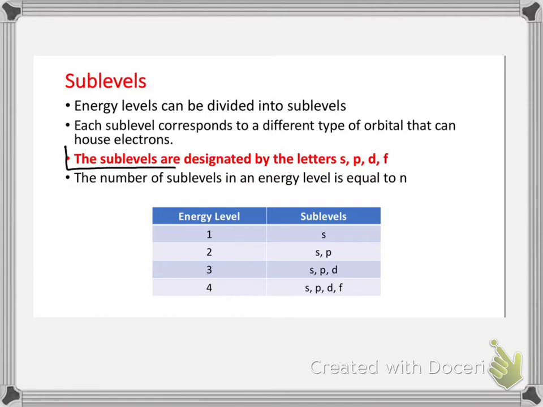The designations of the sublevels are the letters S, P, D, and F. They stand for words like sharp, principal, diffuse, and fundamental, but those are not words you have to associate.